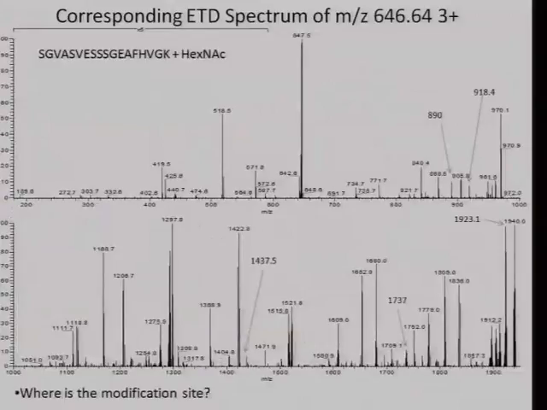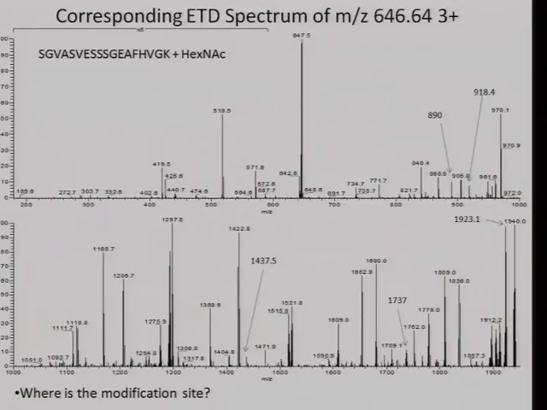So this is the ETD spectrum. I've split the mass range in half here. So it starts here, and we're going up to 1,000, and then the bottom half we're going from 1,000 up to 2,000, because we've got lots of peaks in here, and otherwise it'd be very difficult to see. So in here, the modification should be staying attached to the peptide.